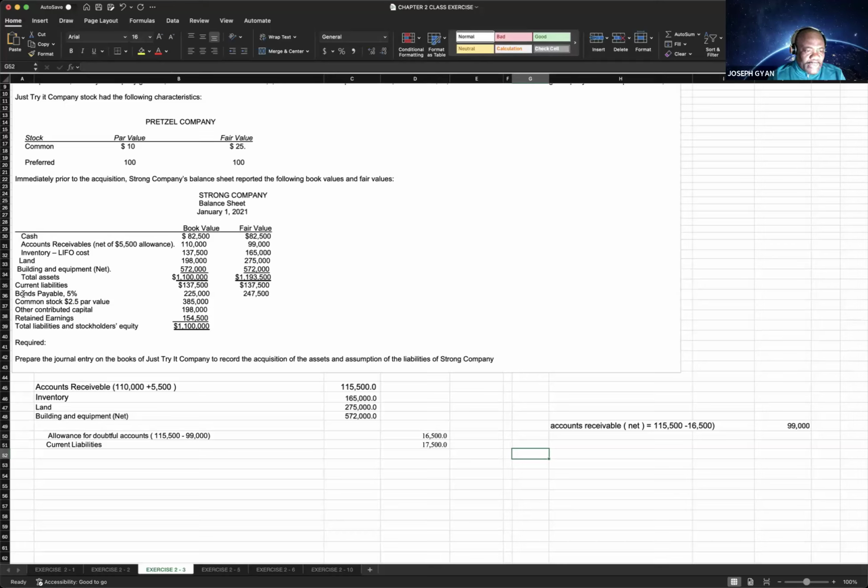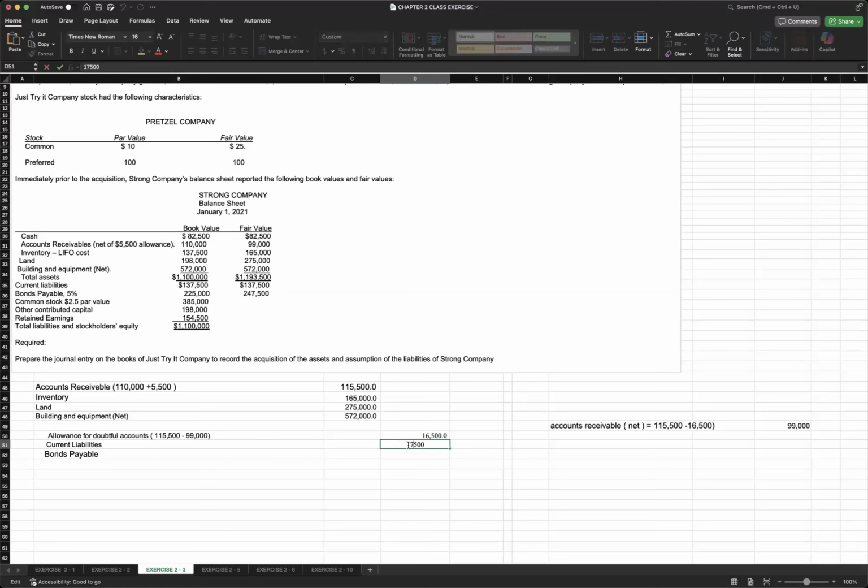Then we have the bonds payable here, which is the 5%. If you look at the actual amount of the bonds payable, it should be more than that.